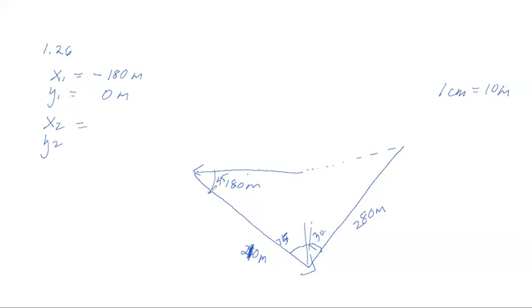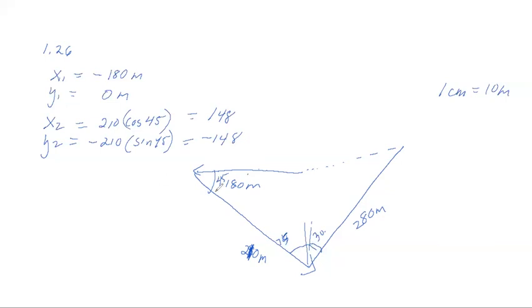Fourth quadrant, x is going to be positive, y is going to be negative. So we're going to have 210 cos 45, and this is going to be negative 210 sine 45. So let's see, our values are going to be 148 and negative 148.